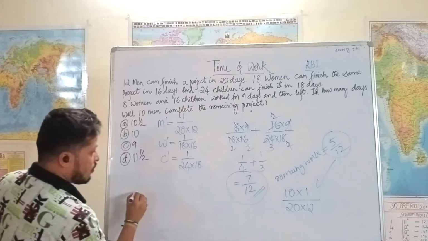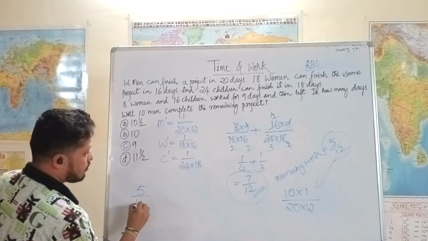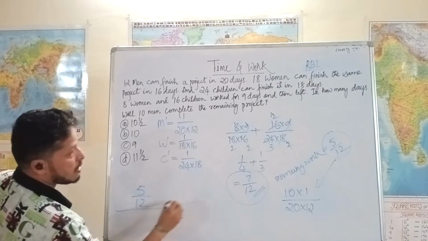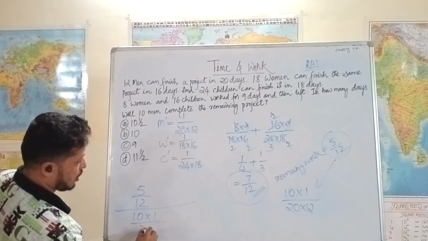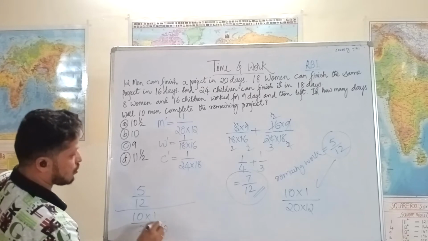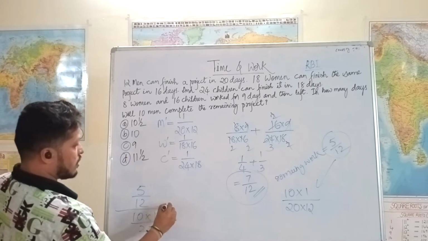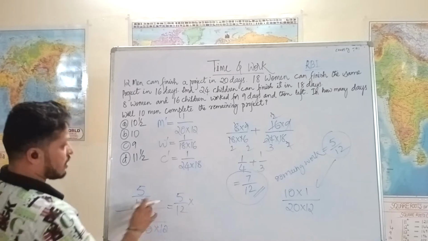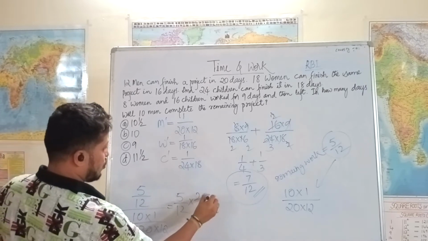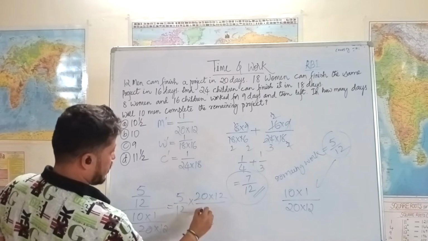I write here, this work 5 by 12 must be divided by 10 into 1 by 20 into 12. So this can also be written as 5 by 12 into this, I will write in reverse, 20 into 12 divided by 10.